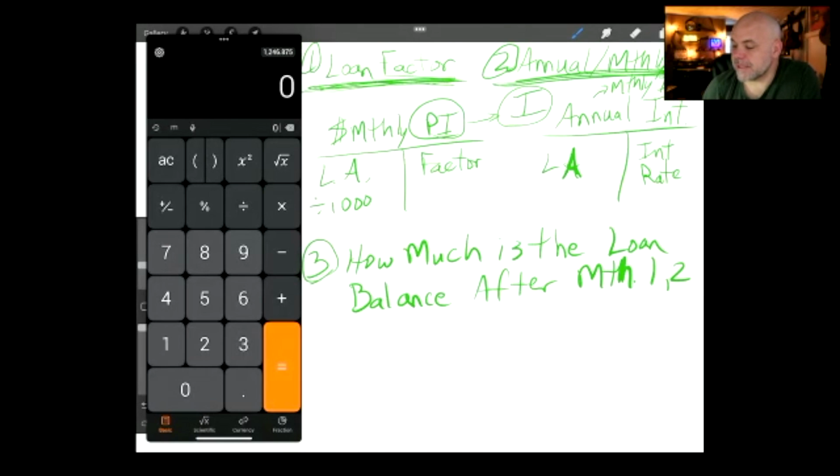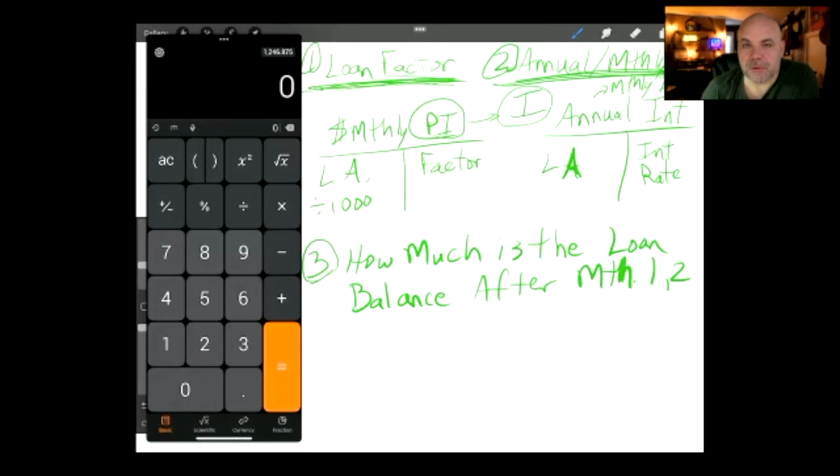On the test, you might see a question that is just this: what is the monthly P&I? We're using a loan factor. You might also see a different calculation question: what is the annual interest, or what is the monthly interest given a loan amount and an interest rate?